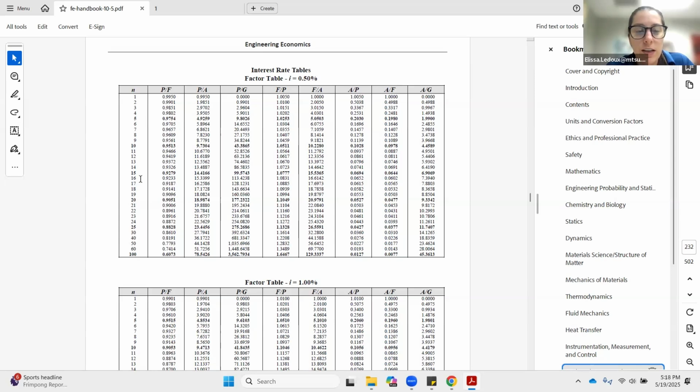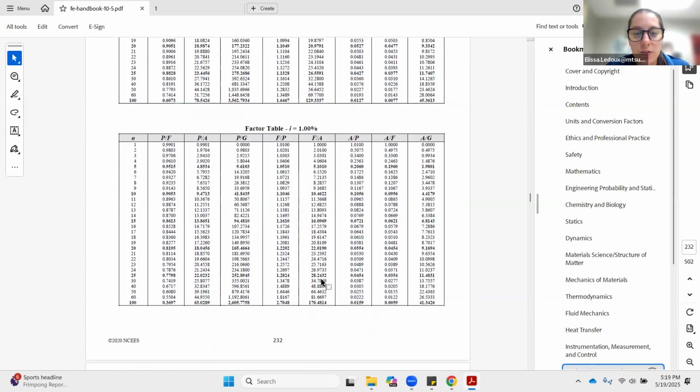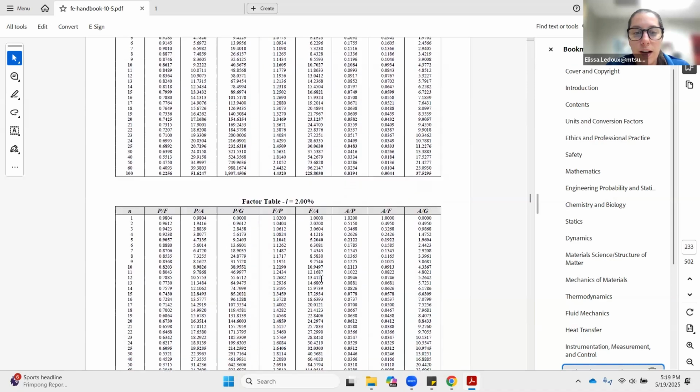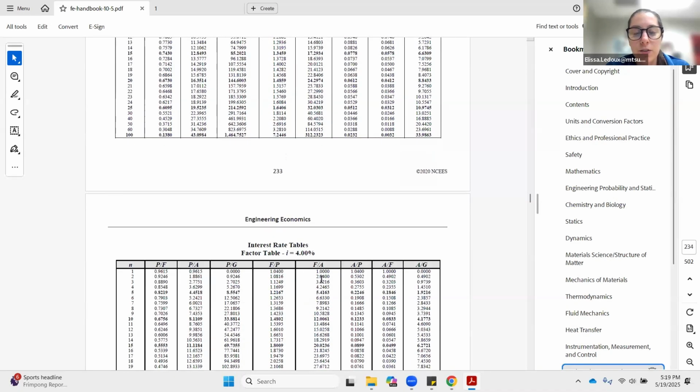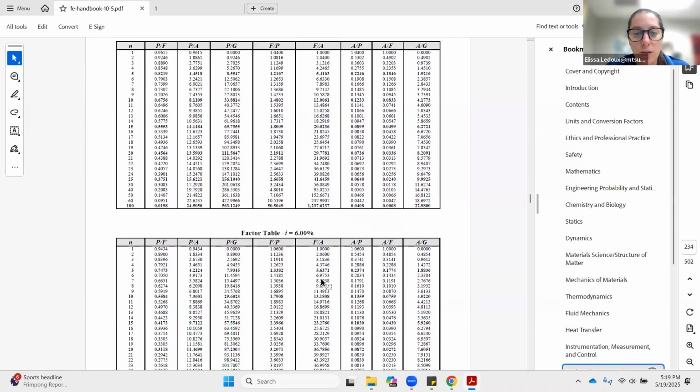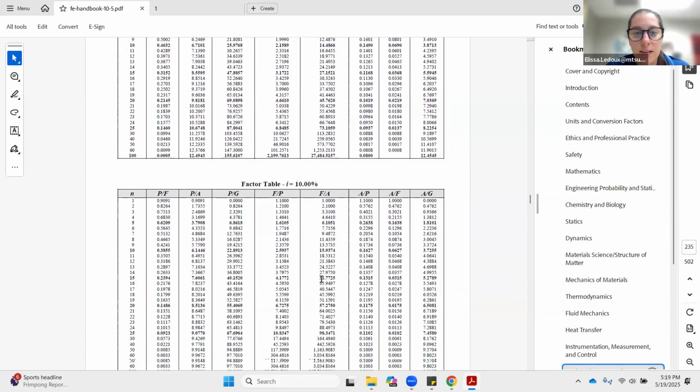So you go down the column for N, and then you go over to whatever fraction formula you need, and then that is the value. So they have it for I equals 0.5% interest, 1% interest, 1.5, 2, and then it starts jumping: 4, 6, 8, 10.